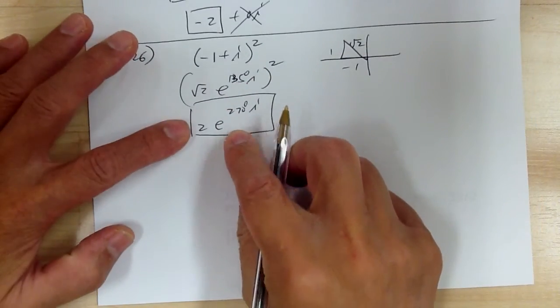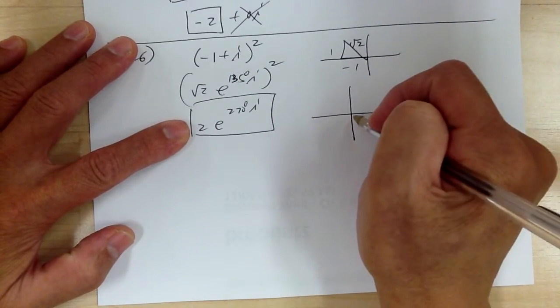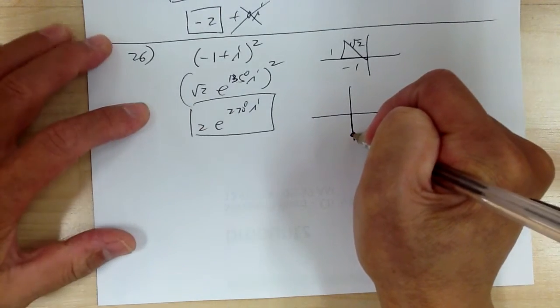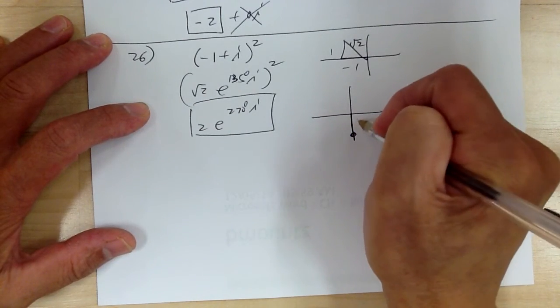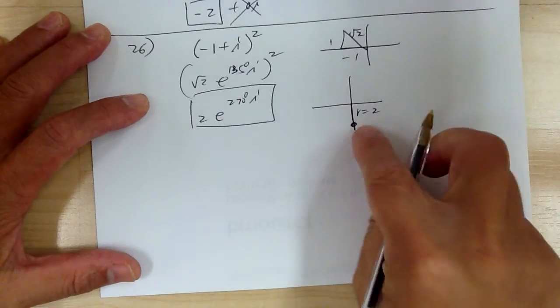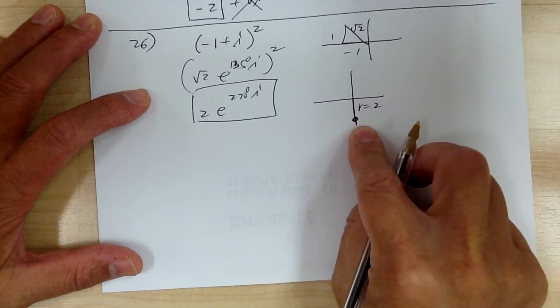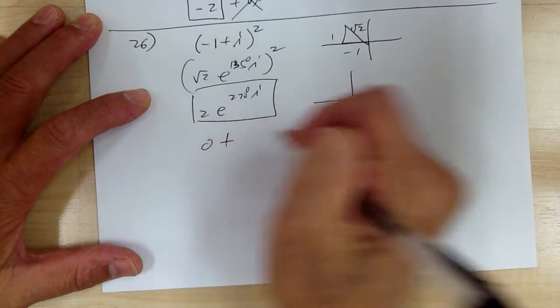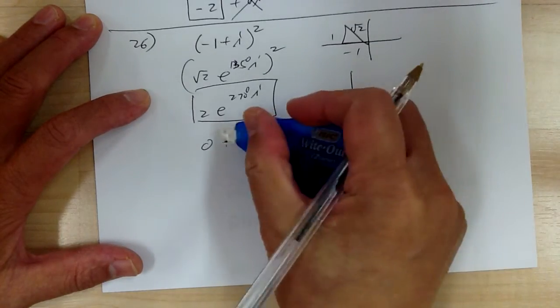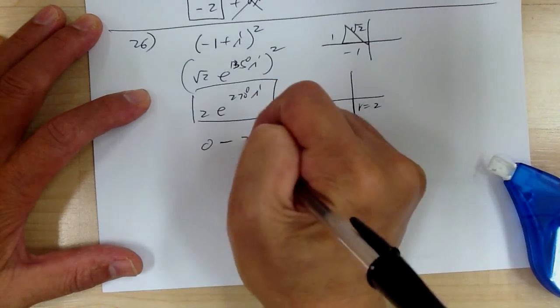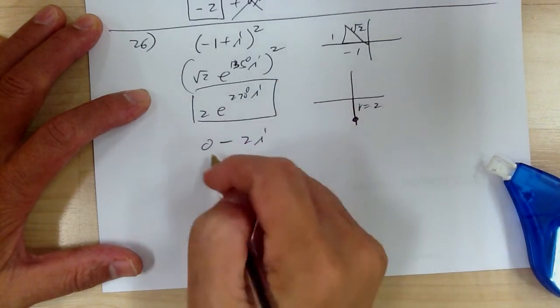For the rectangular form answer, you sketch it out. So 270 degrees right over here, and r equal to 2. Looking at that in the rectangular form, this will give you 0 minus 2i. Right? It's negative. So 0 minus 2i, and therefore you don't write the 0, right?